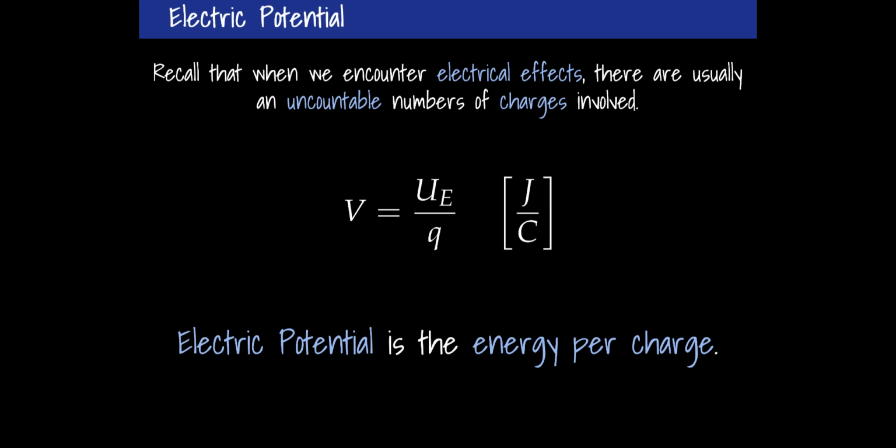Why would I do that? But here, the energy per charge, the energy measured in joules and the charge measured in coulombs, this is electric potential in joules per coulomb. It's a physical quantity that represents the amount of energy per charge.